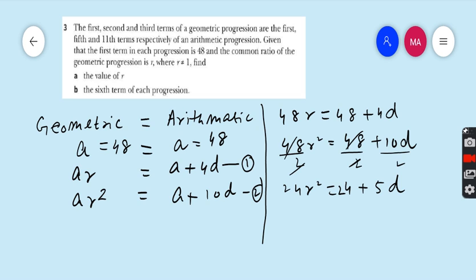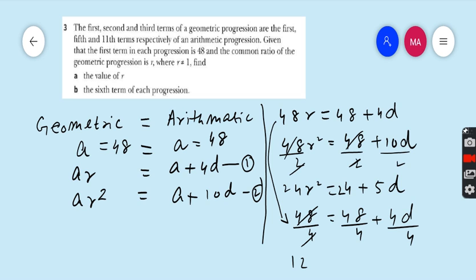Now take these two equations again, and this equation 48r equals 48 plus 4d can also be reduced by dividing by 4. 48 upon 4, 4 upon 4. So 4 12s are 48, this is r, 4 4s cancel, this is d.